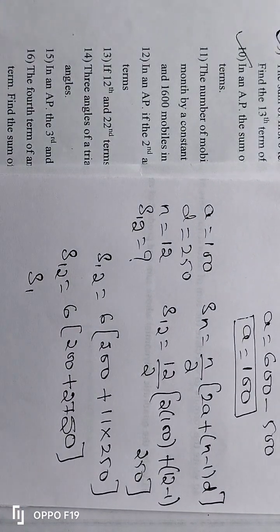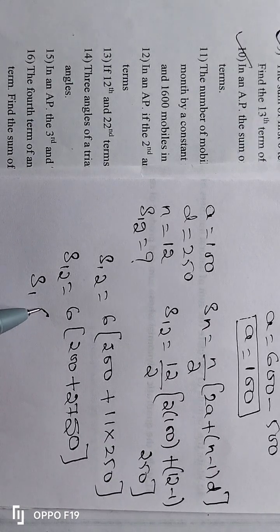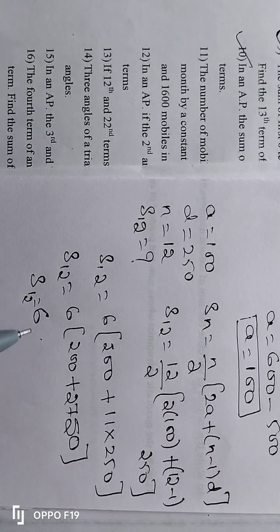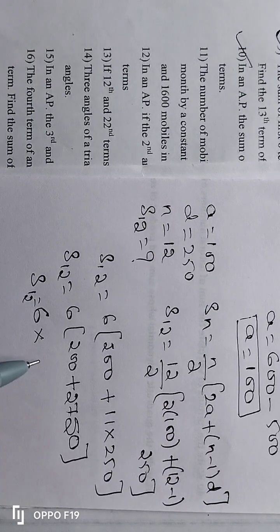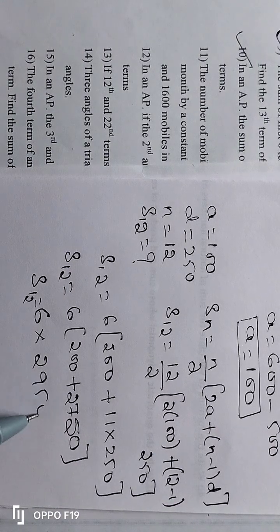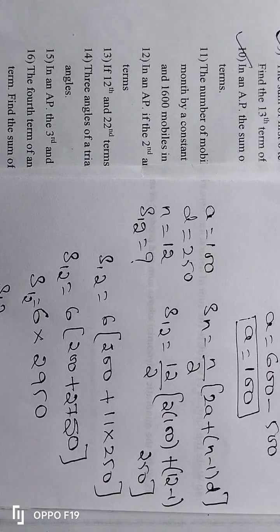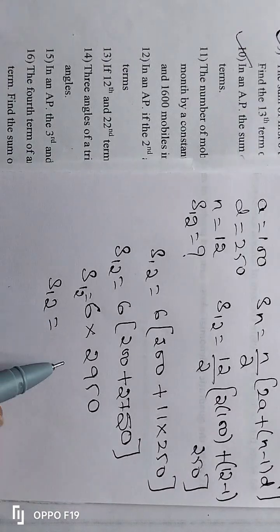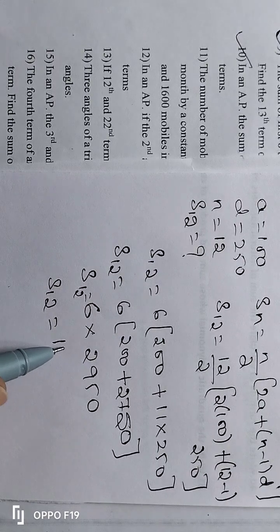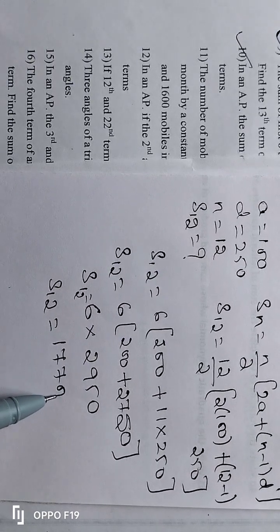So S12 is equal to 6 into, now if you add these two, it will become 2950. S12 is equal to 6 into 2950, it will become 17,700.